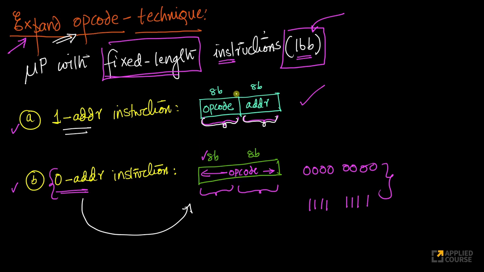So for one address instructions, the first 8 bits are the opcode, but in 0 address instructions, the whole 16 bits contain information about the opcode. Let's solve a couple of problems so that we understand this better.